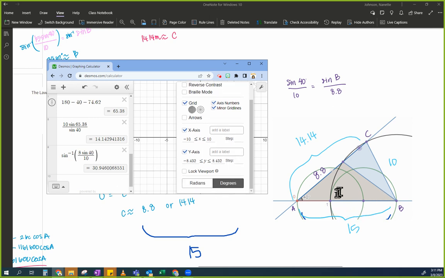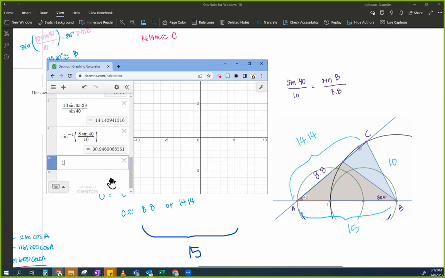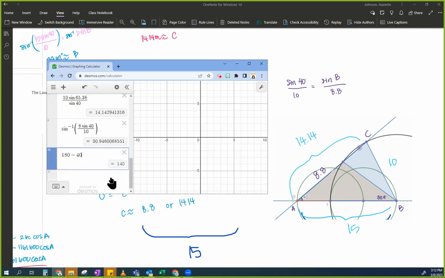So this angle in here, the small little guy that matches up with 8.8, is 30.9 degrees. Okay, so then, according to that, I would be able to find this other angle by subtracting from 180. So 180 minus 40 minus 30.9 is 109.1.